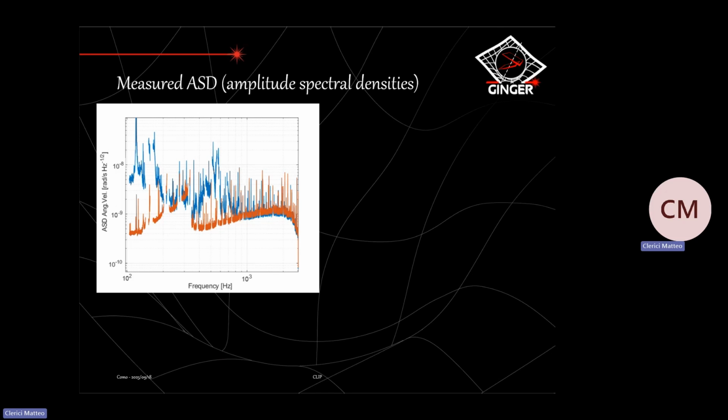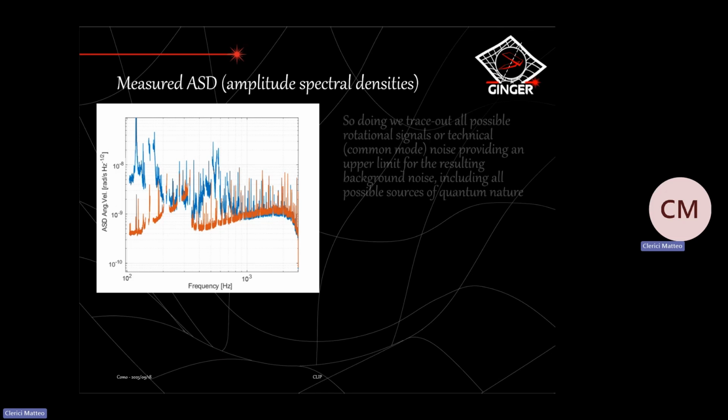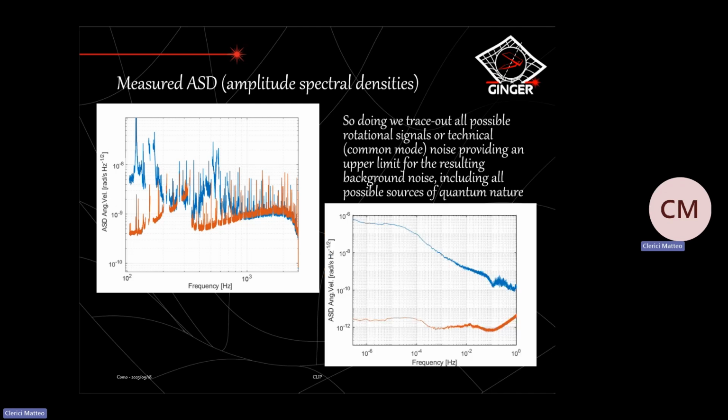So as you can see at high frequencies, as expected, the two coincide. This is what is expected for a shot noise limited device. But the point is that if you look at the low frequency, the two split apart by orders of magnitude. So we are interested in this area here where the noise gets flat in the differential measurement to understand what's going on here.